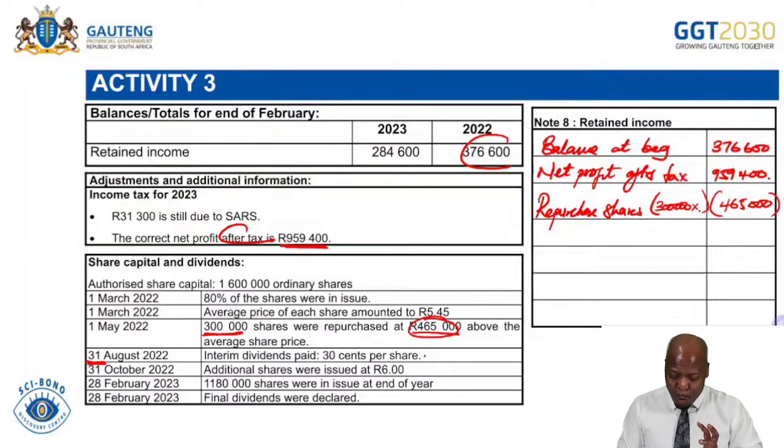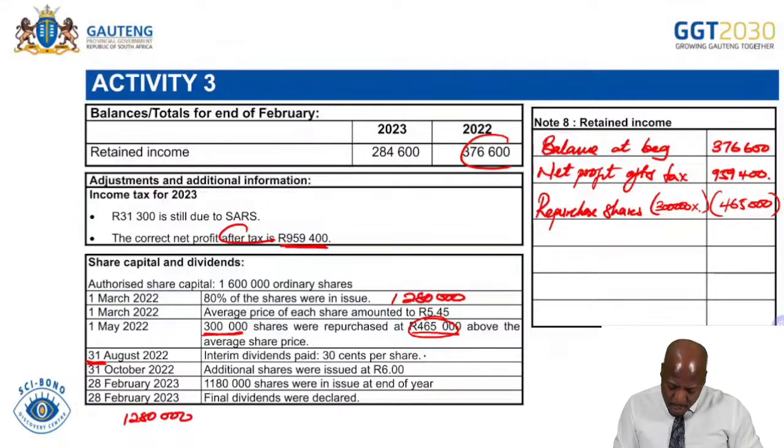Remember, we did this one already, and we had 1,280,000. So at the beginning, this 80% was 1,280,000 shares.